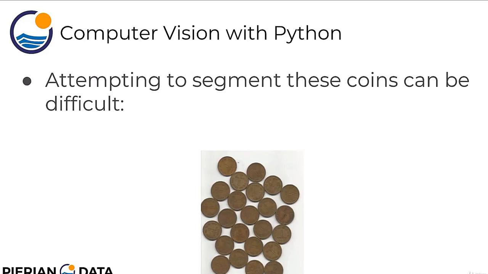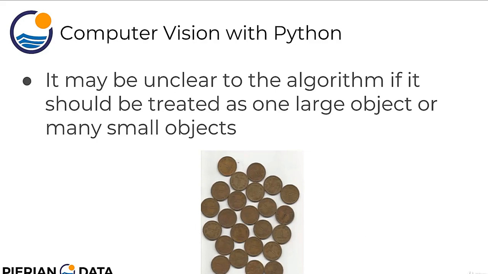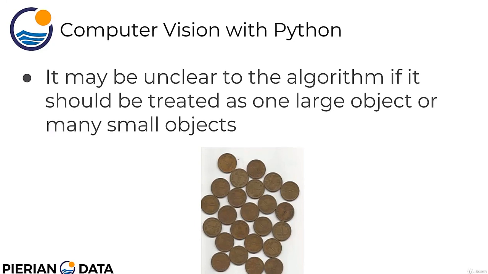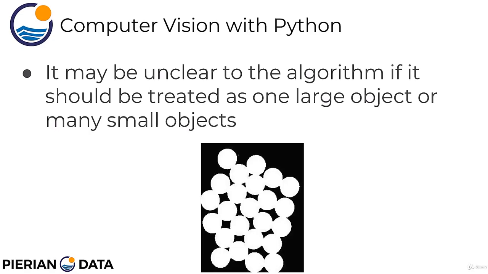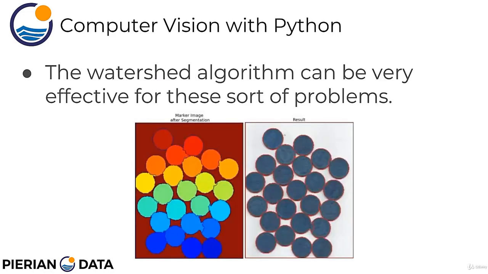However, for a lot of computer vision algorithms, they just see a dark blob on a white background. So it may be unclear to the algorithm if it should be treated as one large object or many small objects. In fact, it may actually just grab everything in the foreground and treat that as one object versus the black background. The watershed algorithm can be really effective for these sorts of problems.